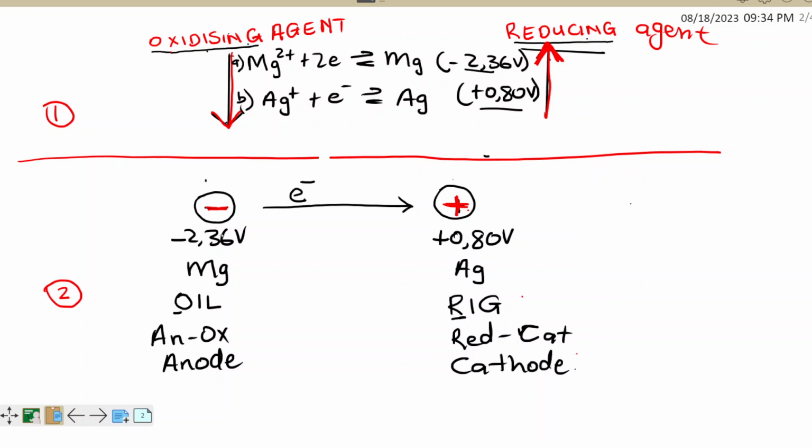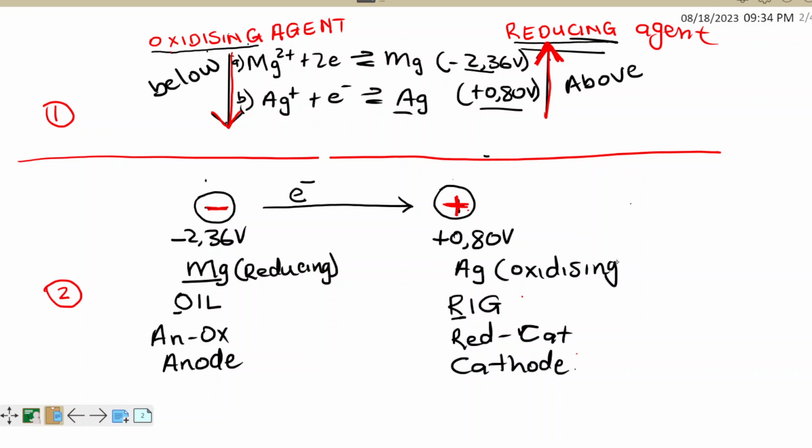That means the magnesium is above. We said the one that is above is our reducing agent. So this one we know is our reducing agent. Then the one that is below, this arrow pointing at silver, so silver is our oxidizing agent.